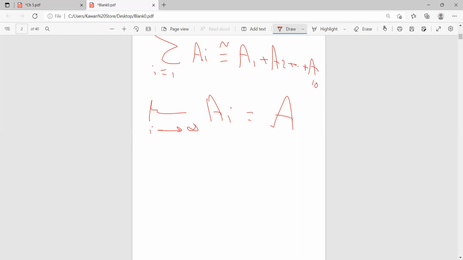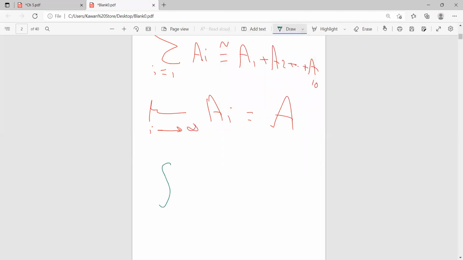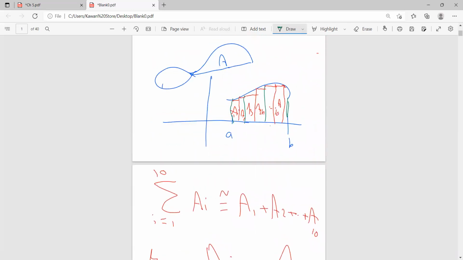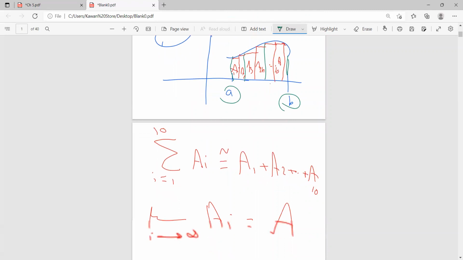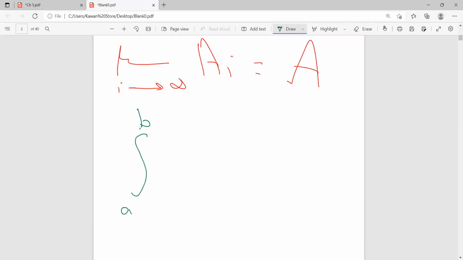So all these partitions, all these symbols, all these things that you have today change to from A to B. See, all these rules that we have, all this work changes to from A to B because we have A and B. So it's going to be A to B. This function that I have, the curve we have, this function f of x from A to B of f of x dx.